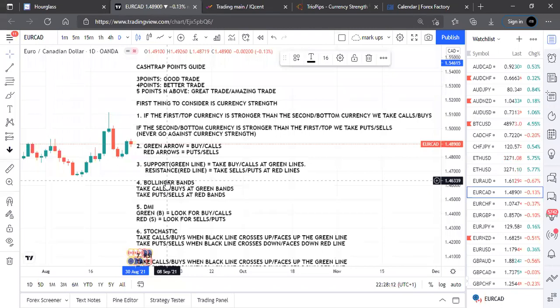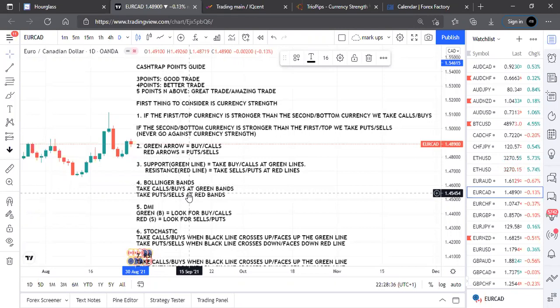The rule for the fourth point is this: take calls or buys at the green bands, and we are taking what? We are taking puts or sells at the red bands.